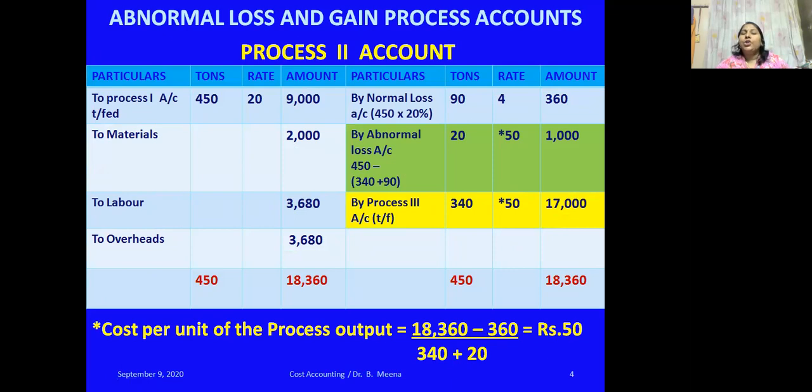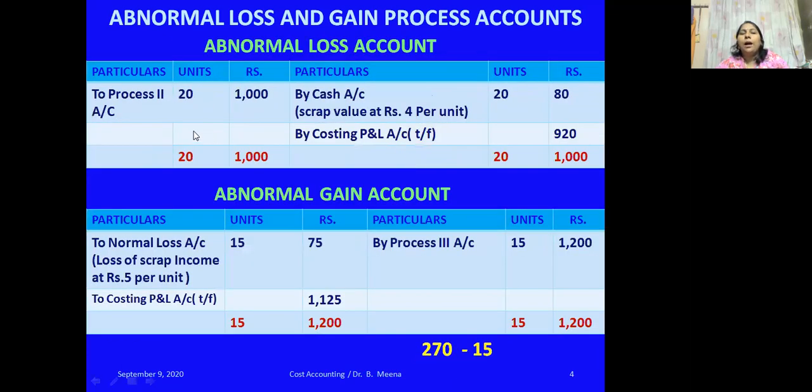Then how can I show this item when I'm preparing the abnormal loss account? Here I credited, so it will come as a debit. In which process am I getting the abnormal loss? Process 2. So process 2 account, transact the same values, 20 units with 1,000 rupees.